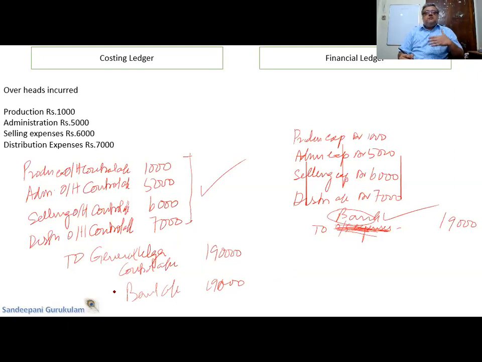In the next lecture, we will work straight on the ledger accounts. We won't be putting in the journal entries. I hope you got a fair understanding of how we pass the entry in the financial ledger and the costing ledger.